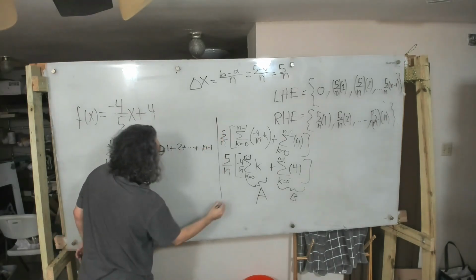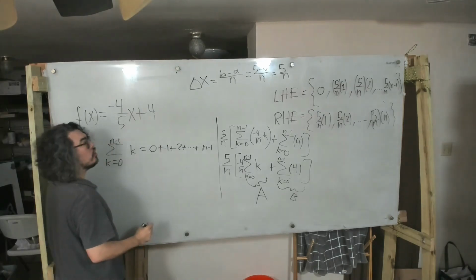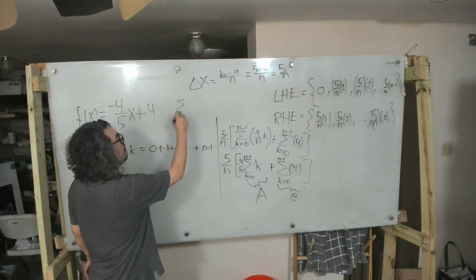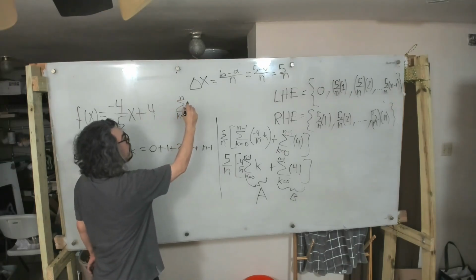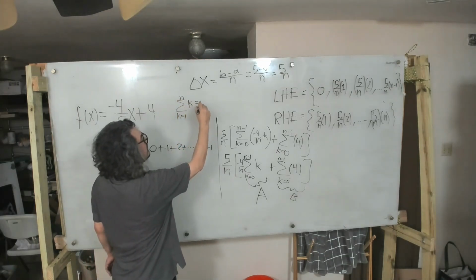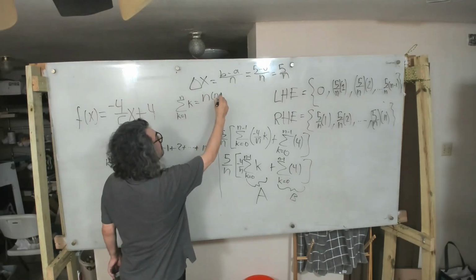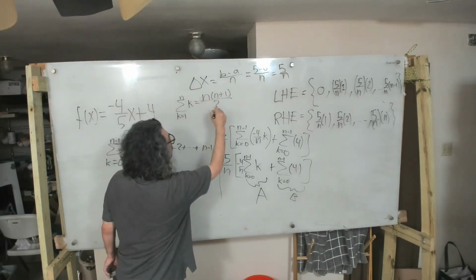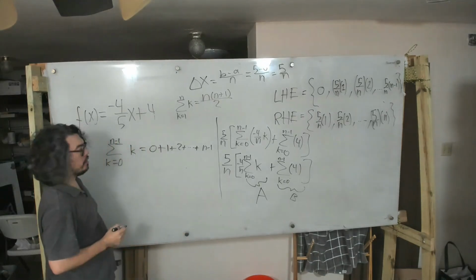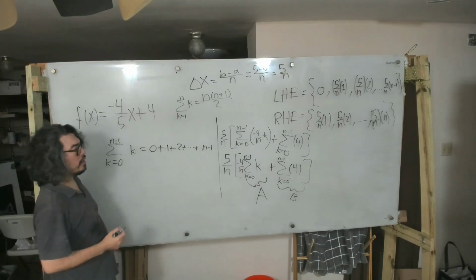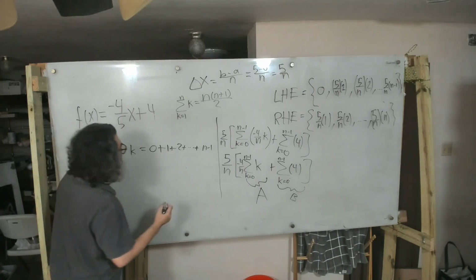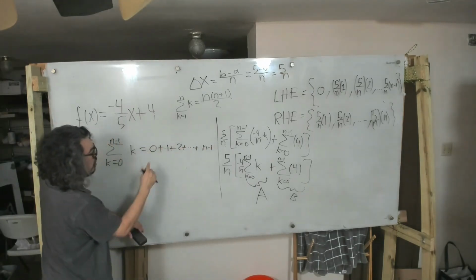Now it turns out that the sum from k equals 1 to n of k is actually n times n plus 1 over 2. This is a famous formula, and it's one that you should learn.